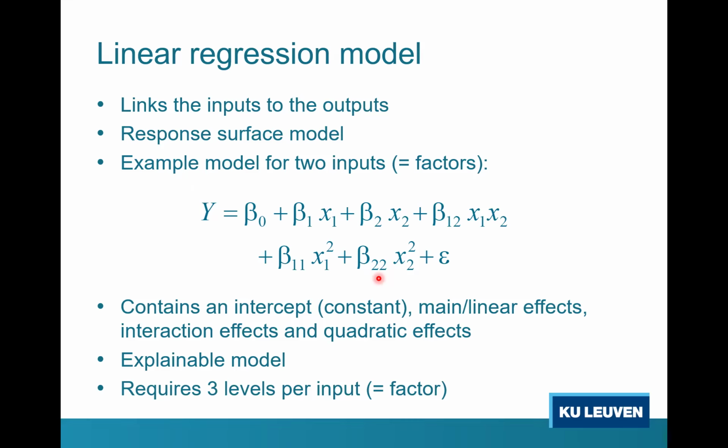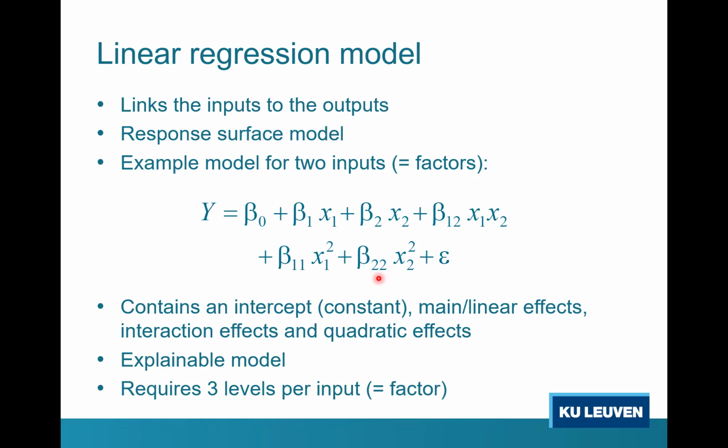Of course, this is an example model for two inputs, two x's. And in design of experiments, we call these inputs, these x's, the factors in our experiment. And this particular model for 2 inputs has 6 different betas. So 6 unknown effects to be estimated after the experiment has been done, the experiment containing hopefully a limited number of tests.